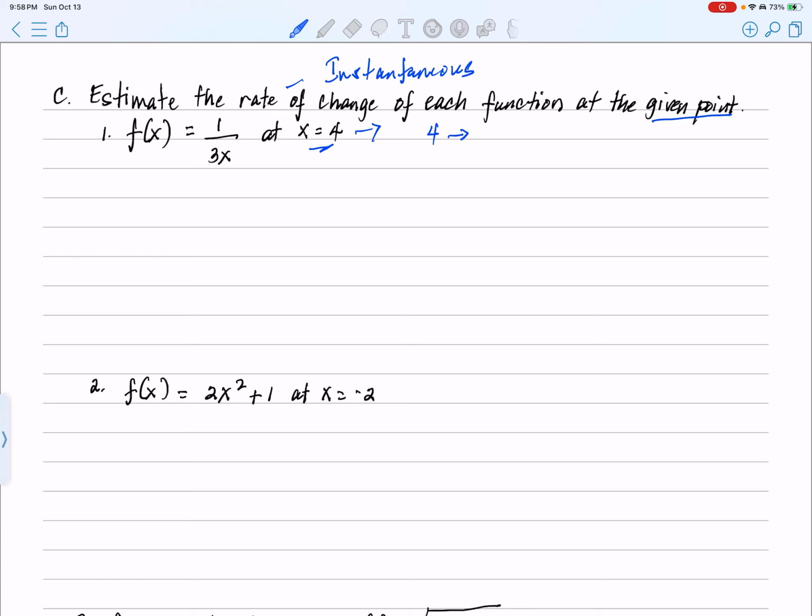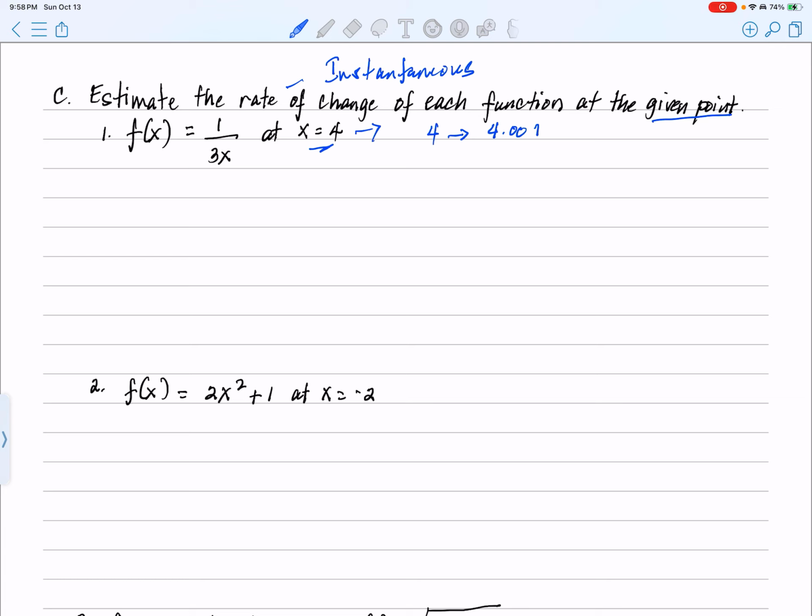We're going to use 3 decimal places. I think that is very, very close to 4. So let's say our point is 4.001. All right, I want you to use this. If it's positive, add 0.001 to the point.